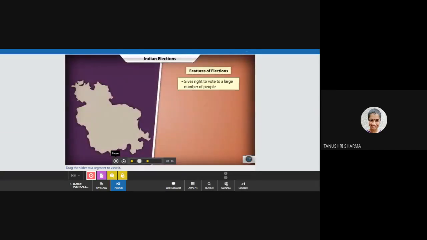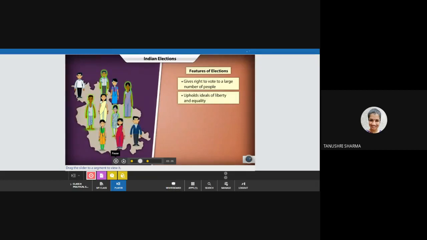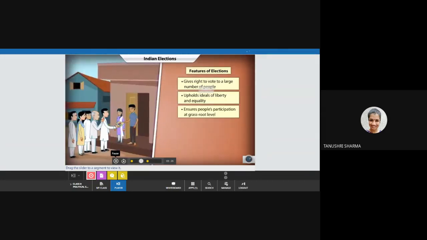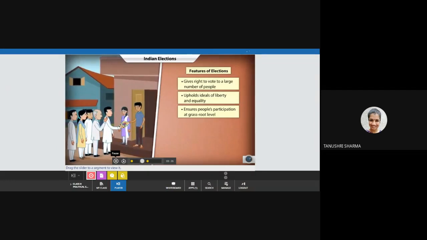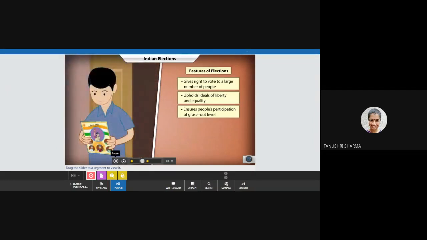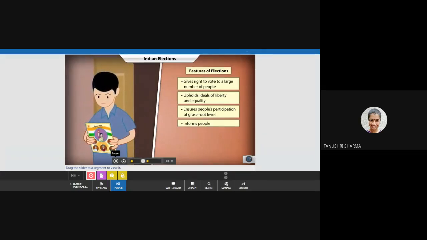Prabha's constituency has a number of young electorates. These young electorates also comprise voters from backward communities. Once the party candidates are finalized, Prabha's party workers start going door to door to reach out to as many people as possible. The election campaign is the best time to inform people about the party's political ideologies and deserving candidates.